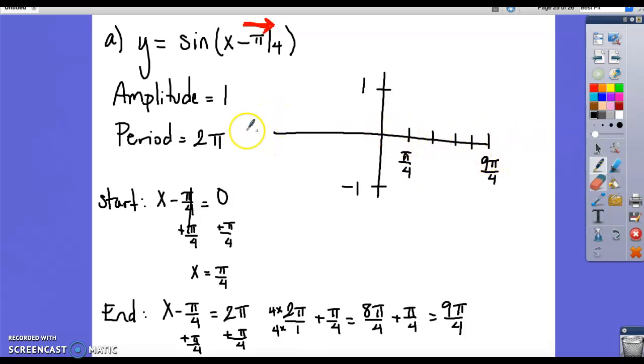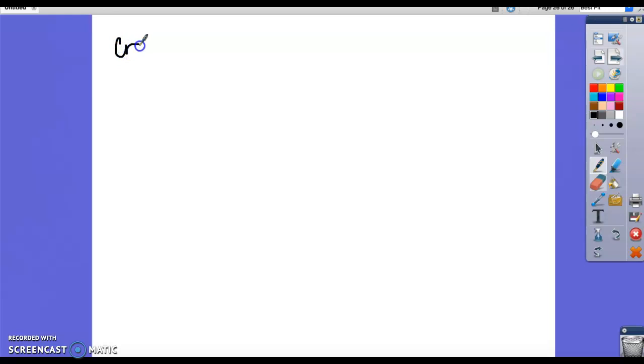Okay. If I want to figure out the interval between my critical points, I take my period and I divide by 4. So that gives me pi over 2. The point I chose to start at is pi over 4.